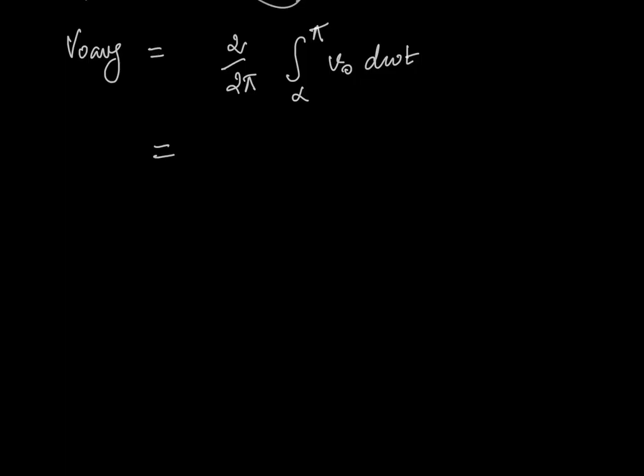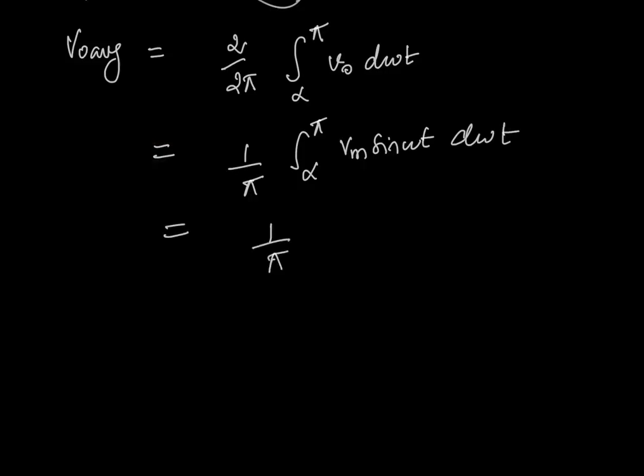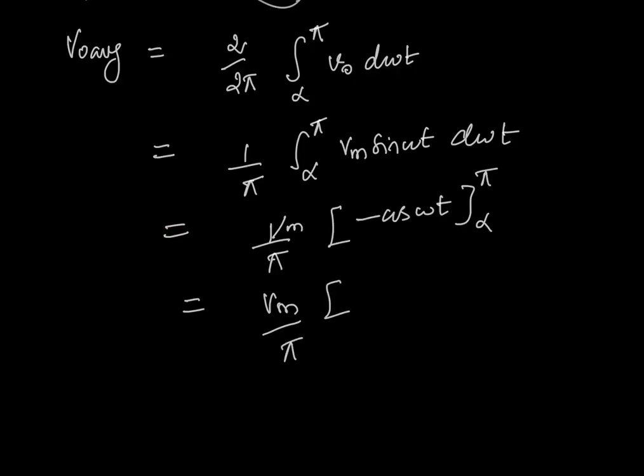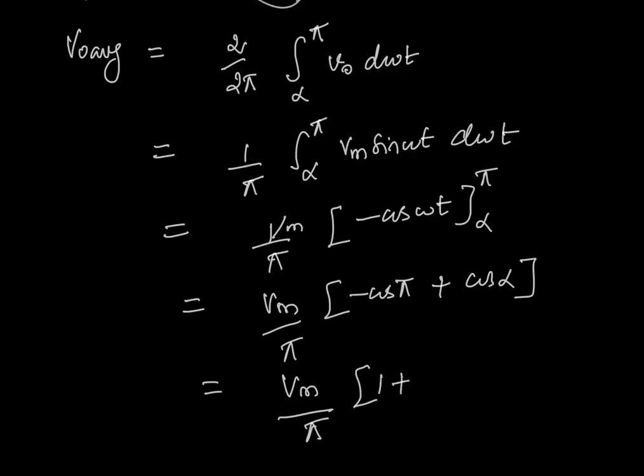This equals 1 by pi integration alpha to pi Vm sin omega t d omega t, which equals 1 by pi, Vm taken outside, minus cos omega t from alpha to pi, which equals Vm by pi. Substituting the limits, we get minus cos pi plus cos alpha, which equals Vm by pi (1 plus cos alpha).